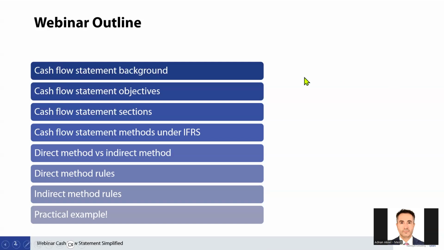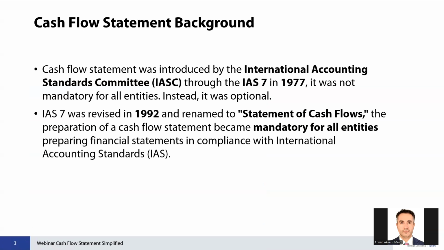All right, great. Now, a bit of background on the cash flow statement. The cash flow statement was introduced by the International Accounting Standards Committee back in 1977 through International Accounting Standard number 7. Interestingly, at that time, it wasn't mandatory for all companies. It was optional, actually.